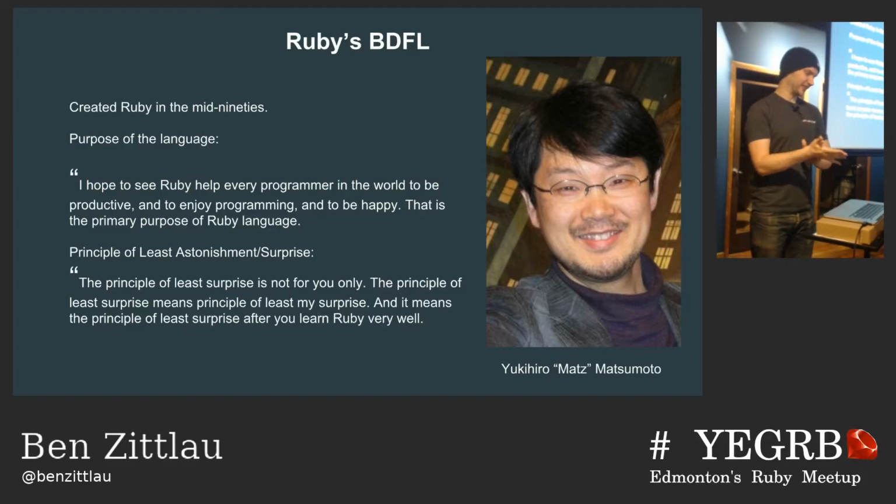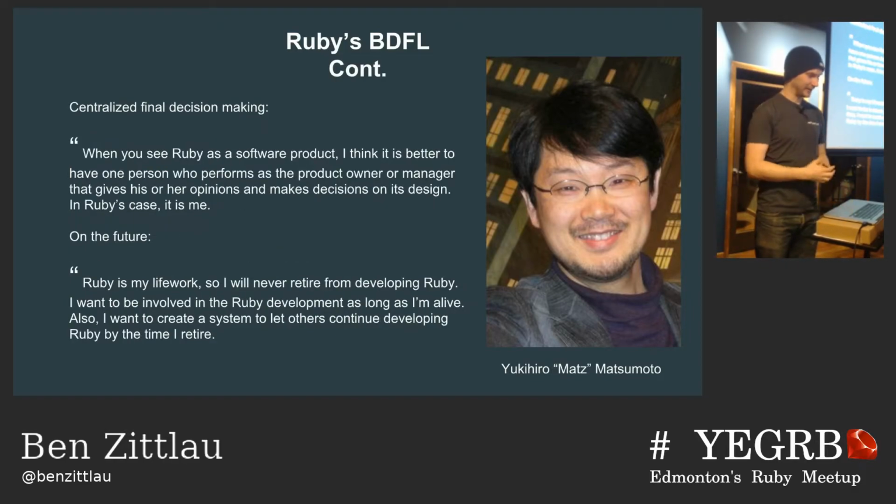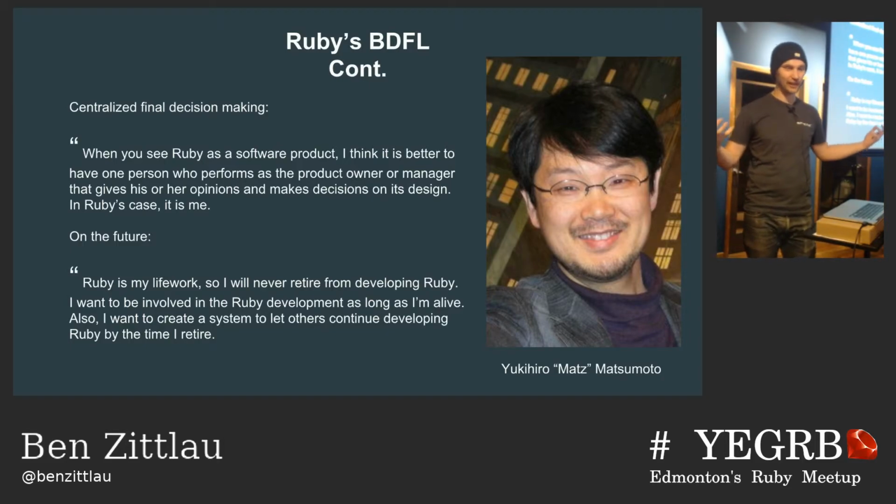So this is a really interesting topic. First of all, you need to be in a somewhat unique situation to become a benevolent dictator for life, right? Of course, if I want to be the benevolent dictator of JavaScript, I can't just go tomorrow, oh, I'm the benevolent dictator of JavaScript.